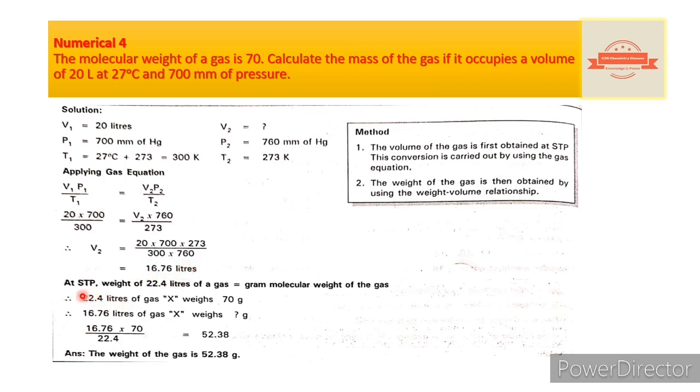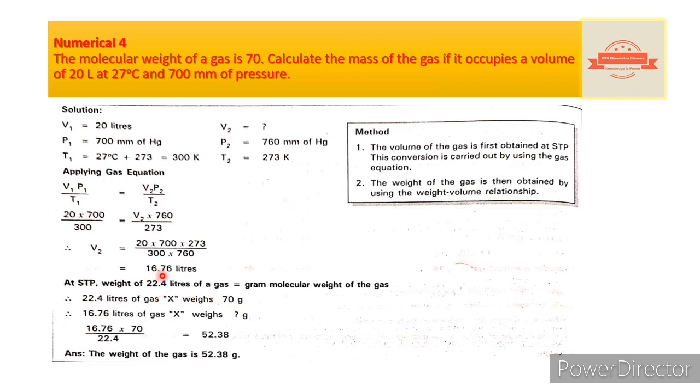Now at STP, 22.4 liter of any gas has a mass equal to its gram molecular mass. So here molecular weight of the gas is given 70. So 22.4 liter of the gas at STP has a mass of 70 gram.